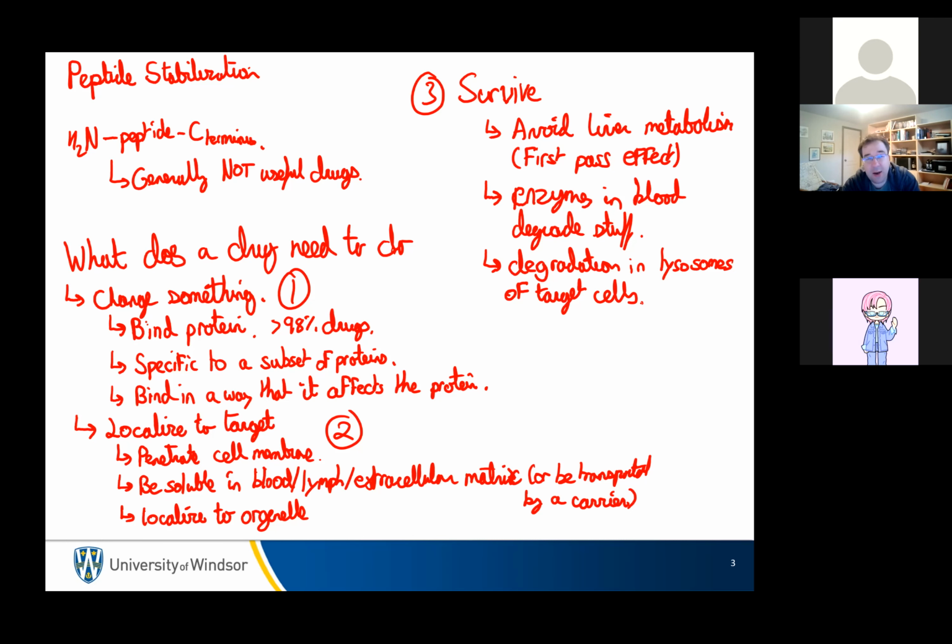operates on something inside of the cell, so let's think of a particularly relevant example. Let's use this maybe as the example for the rest of the day: drugs that target the main protease of SARS-CoV-2. If you know how SARS-CoV-2 works, it gets into the cell.